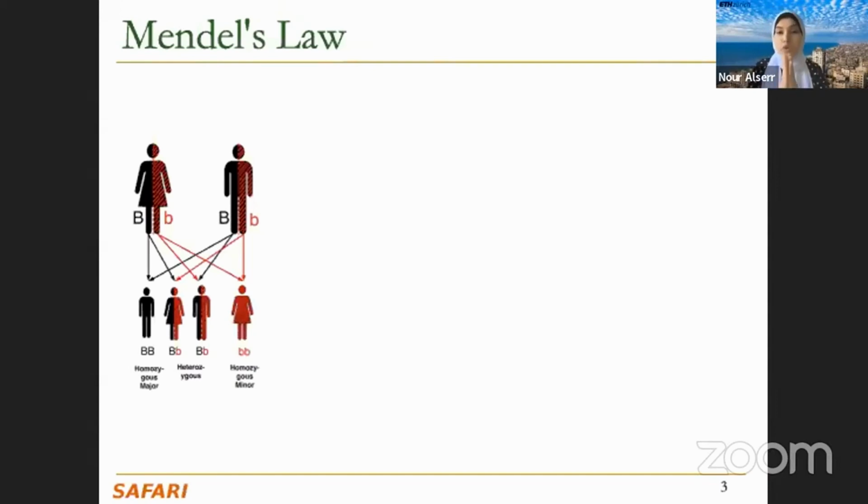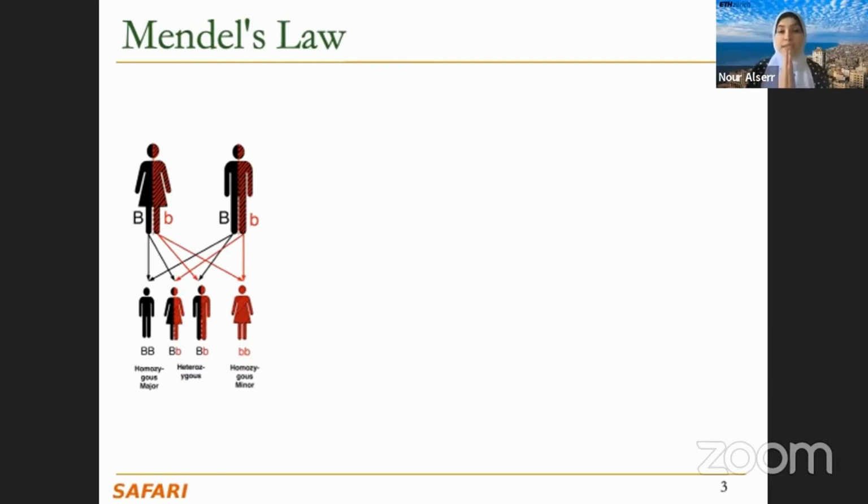These variations we call single nucleotide polymorphisms, or SNPs. Imagine that these are locations in your DNA. Each SNP has 2 alleles, one from the father and one from the mother.